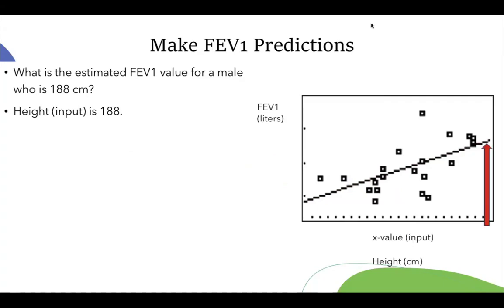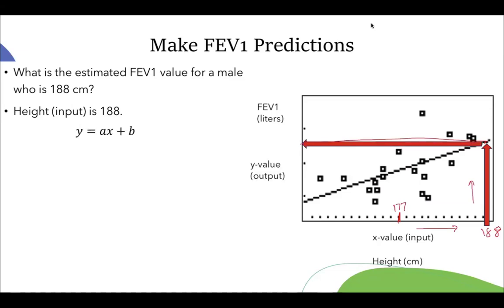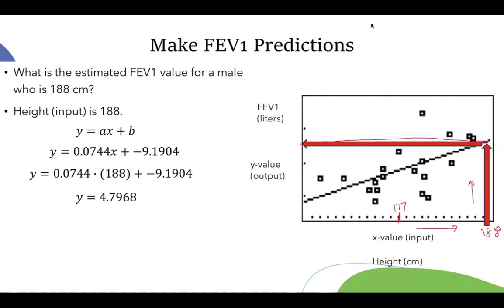Now, visually, you know that if 177 was here, 188 is to its right, and that's going to result in a higher FEV1 because as X increases, Y increases in a positive correlation. So when we plug this in, we did get an increased value for FEV1, and it was 4.7968.